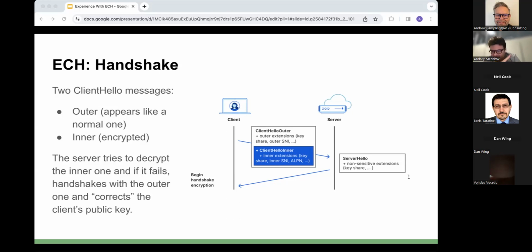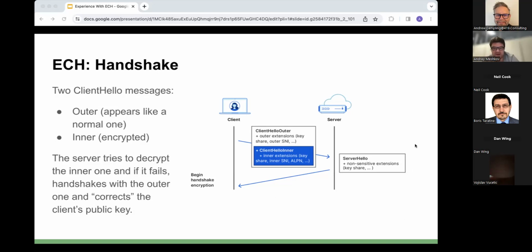If a server doesn't support ECH, its response is based on the outer client hello, and it allows for a normal partially unencrypted connection. If it does support ECH, it decrypts the inner hello and proceeds with the fully encrypted connection.